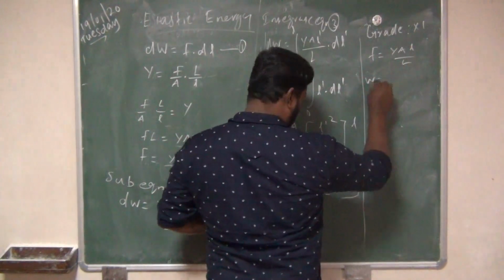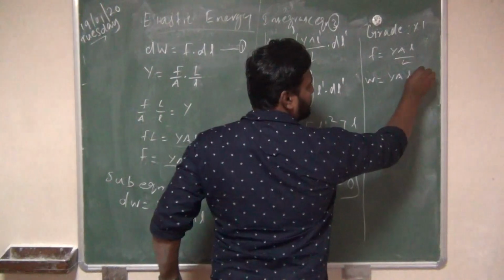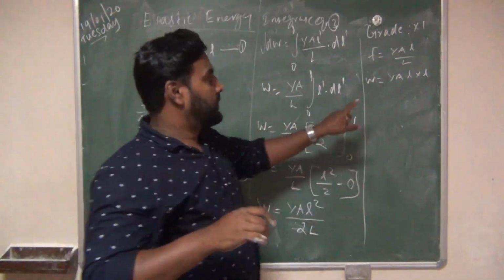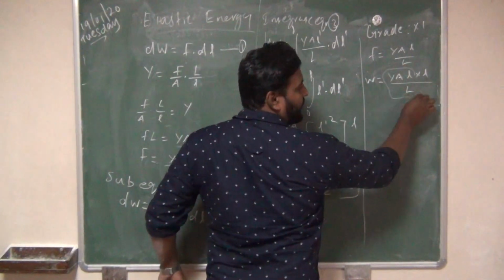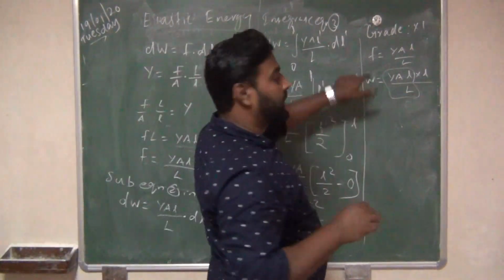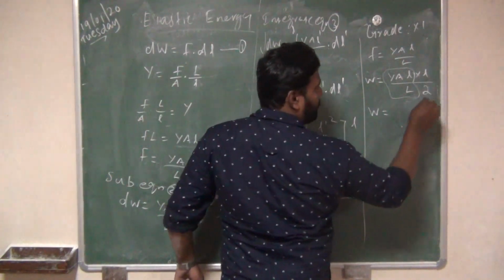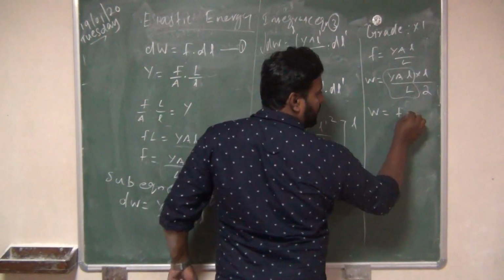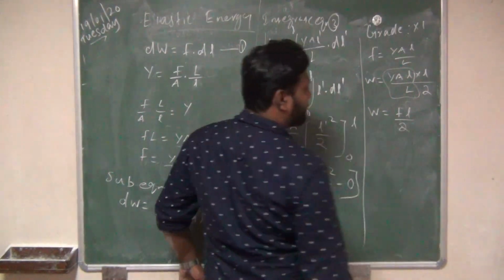So W equal to YA, this L square we are splitting into L into L divided by capital L. Now YAl divided by capital L, you can write as F. So W is equal to, you have 2 also there, W equal to FL divided by 2.